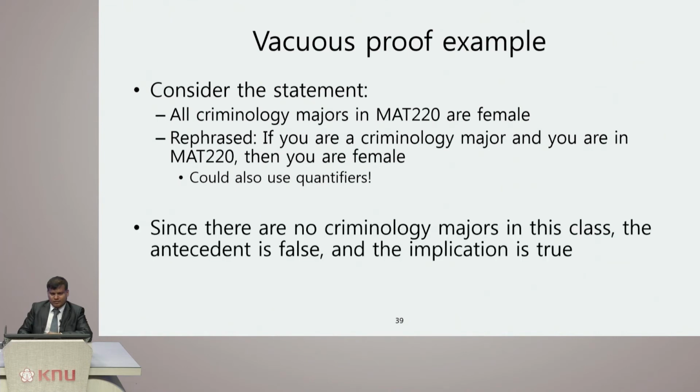Yes, we can also use that. Since there are no criminology majors in this class, the antecedent is false and the implication is true. So that is the basic thought. Since we have no criminology major in this class, we can say the antecedent is false by means of the idea we have for implication. Therefore the implication is true in this case.